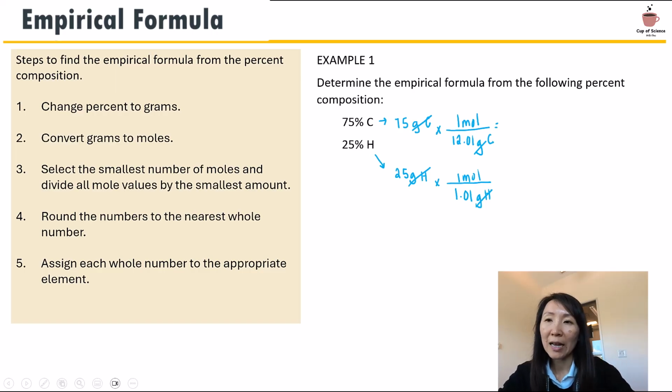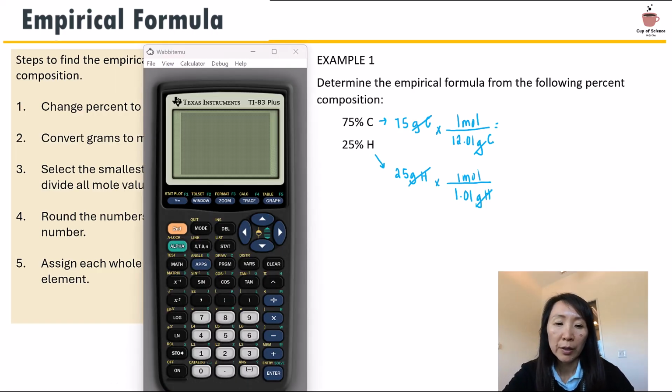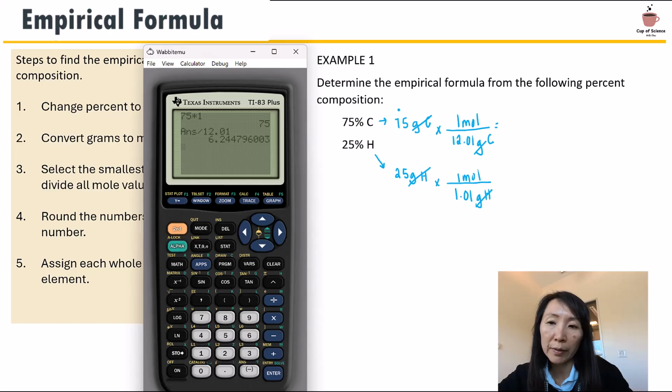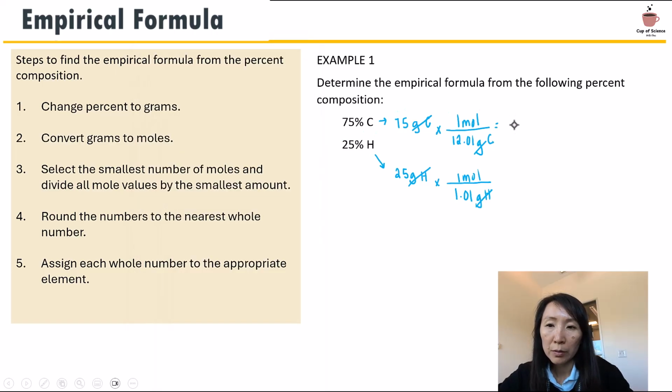Let's calculate this out. Here I have 75 grams of carbon multiplied by 1, so I'm multiplying everything on top, divided by 12.01. That gives me 6.245. I'm going to just go up to 4 sig figs: 6.245 moles of carbon.